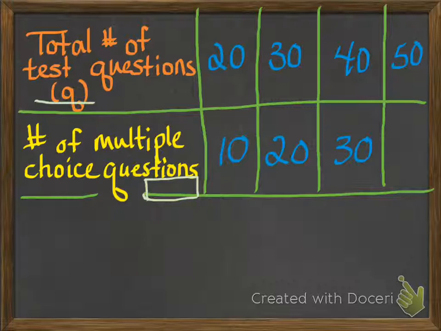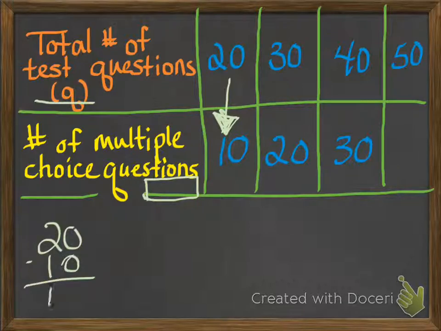Okay, so the first one, the total number of test questions is 20, and the number of multiple choice questions is 10. So think about what's the relationship between 20 and 10. Well, 20 minus 10 is 10, right? So we're taking away 10 to get to this number.